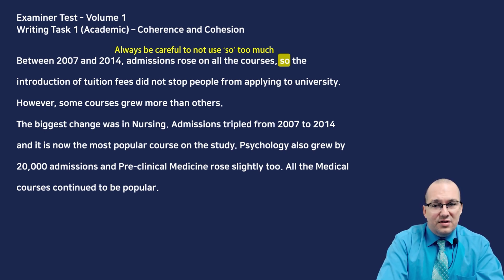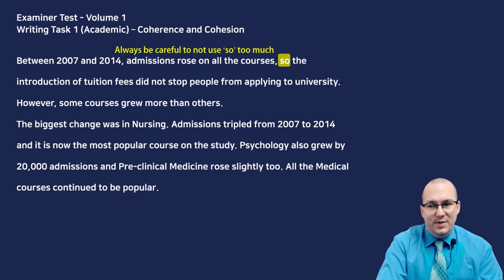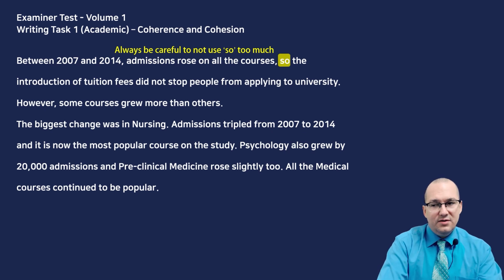Try not to use so in your writing because it's hard to fix it in your speaking. You're trying to think of ideas quickly, but in your writing, it's always best to avoid it. And if you do use it, try to only use it once, okay? It's much better to use therefore or thus twice than use so twice because you're showing the examiner that you do have a range of connecting words.